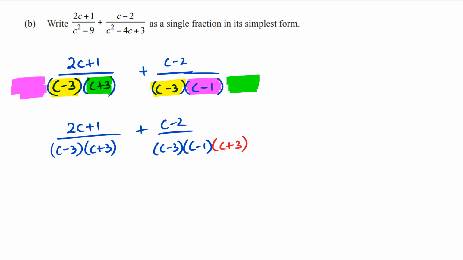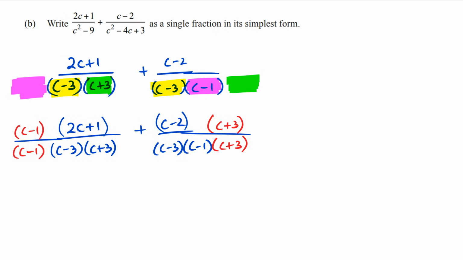So I multiplied the denominator by c plus 3 and the numerator by c plus 3. And likewise, on this side, I'm multiplying by c minus 1, and I've also got to multiply the numerator by c minus 1.